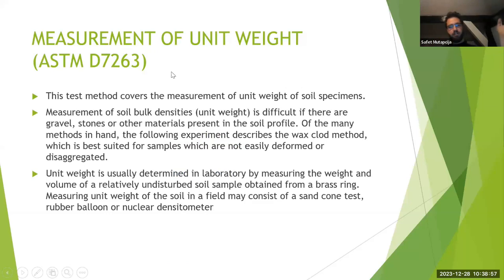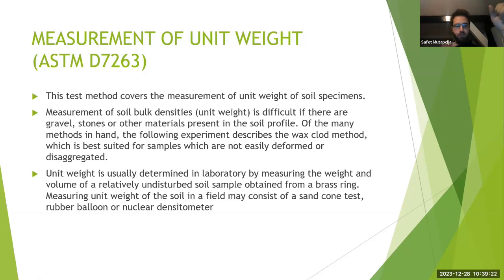This method covers the measurement of the unit weight of the soil specimen. The measurement of soil bulk density or unit weight is difficult if there are gravel, stones, or other materials present in the soil profile. Of the many methods at hand, the following experiment is going to describe the core method, which is best suited for samples which are not easily deformed or desiccated.